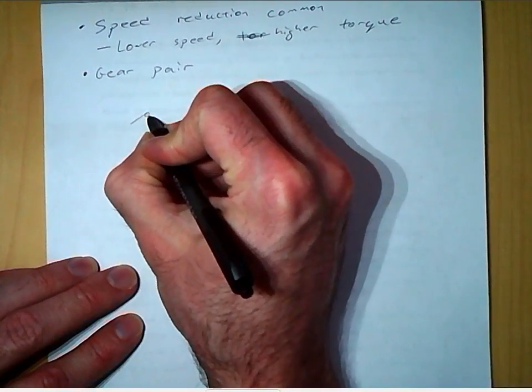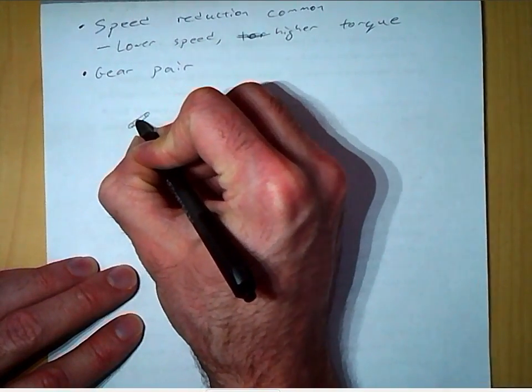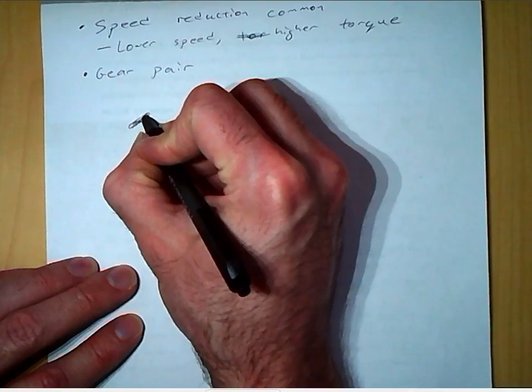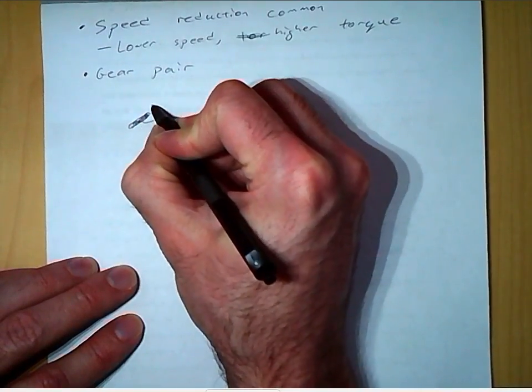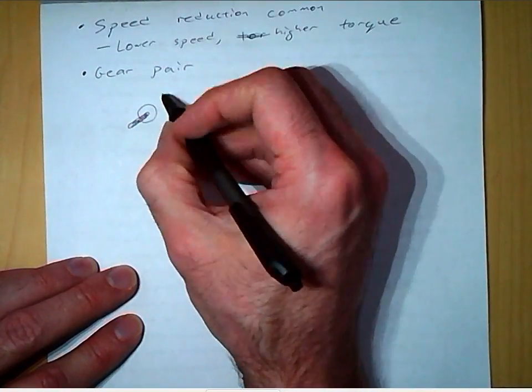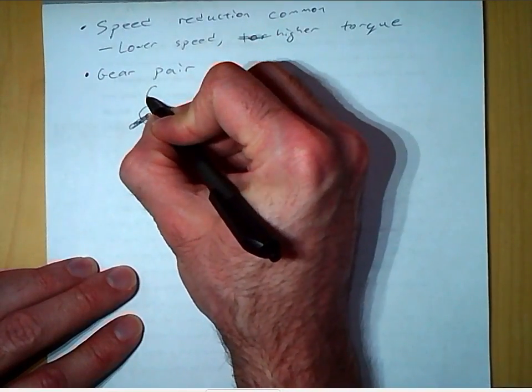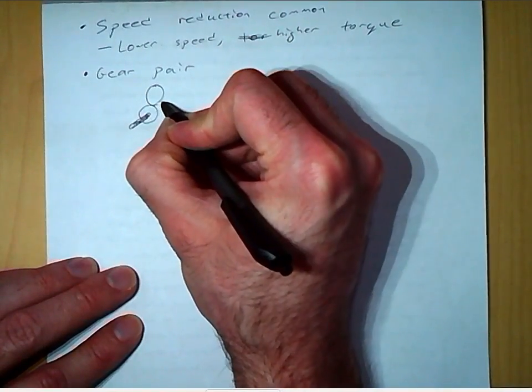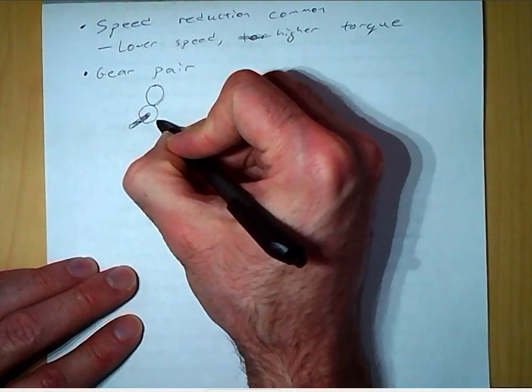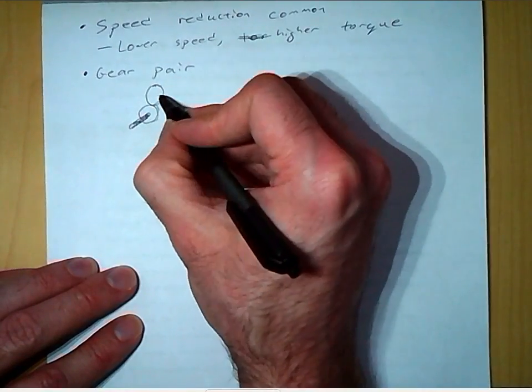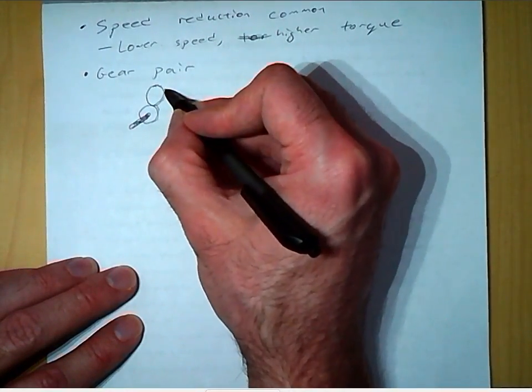So we have this input shaft, which is connected to a gear, and then another gear to which we have an output shaft connected.